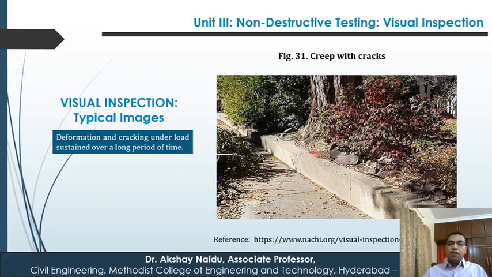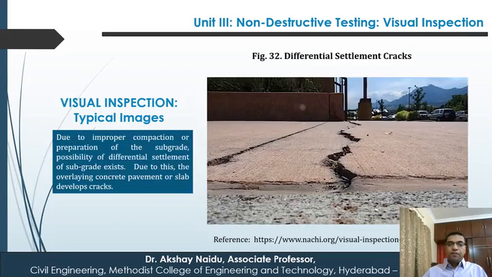What happens over a period of time in sustained load, the deflection, here we can very clearly observe that this seems to have mildly deflected already, and along with that there are certain cracks. So these are due to creep.